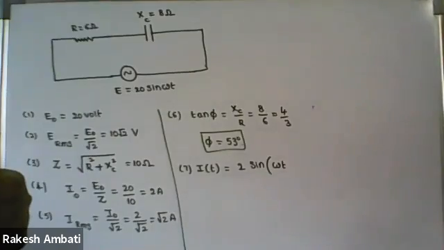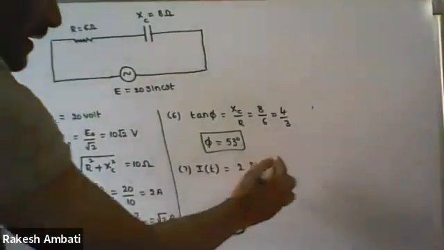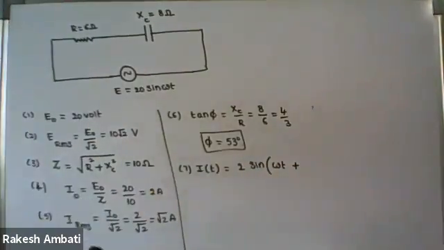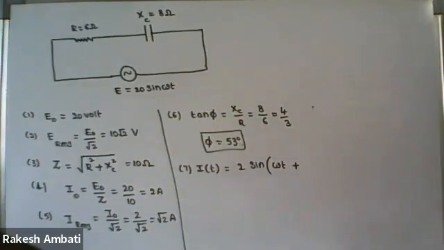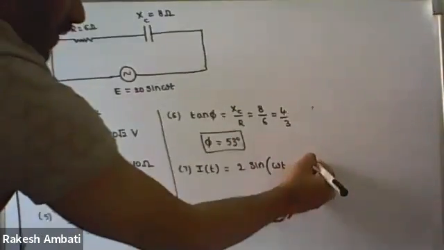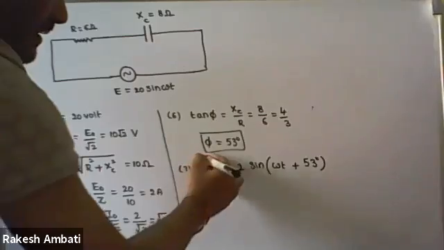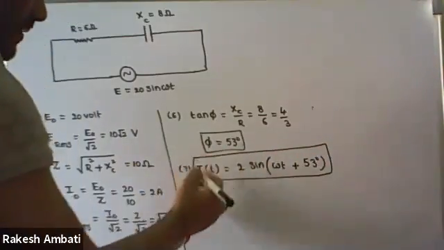Current leads. So current leads means plus. With respect to EMF, current leads by 53 degrees. So this is the current as a function of time.